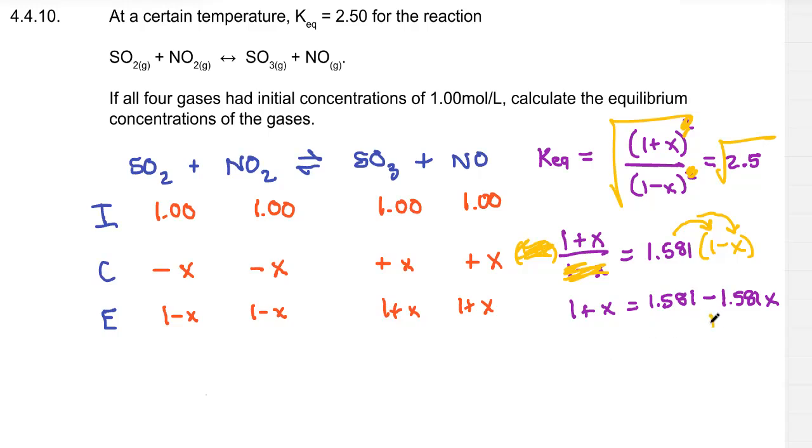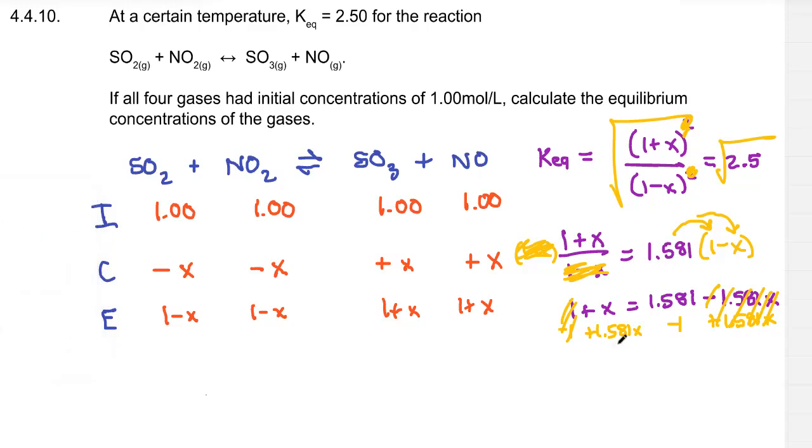So if I take all my x's to the left, I'm going to add 1.581x to each side. Why? Because I know these are going to cancel. That's good. No more x's on the right. And I'm going to get rid of this 1. Subtract 1 on each side, and now no numbers on the left. Now the left is all x land, and the right is all number land.